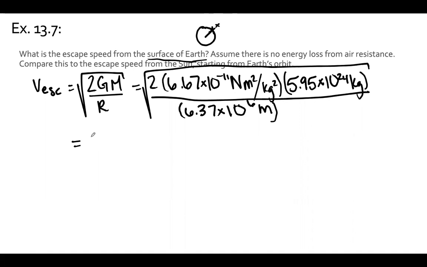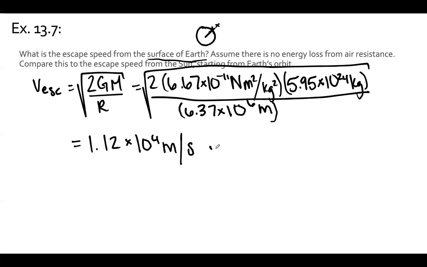So we've got 2 times 6.67 times 10 to the negative 11th times 5.95 times 10 to the 24th, divided by 6.37 times 10 to the 6th, and square root it. All right, so our escape velocity is 1.12 times 10 to the 4th meters per second.